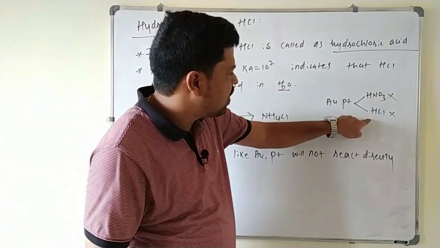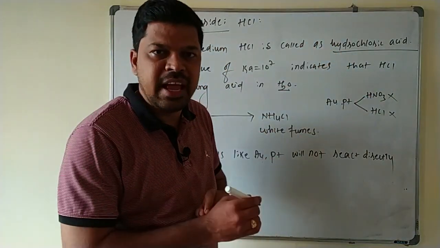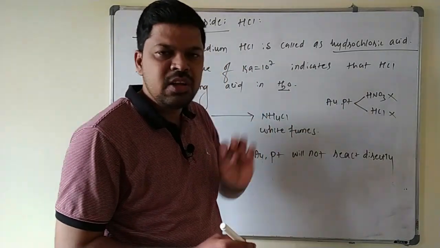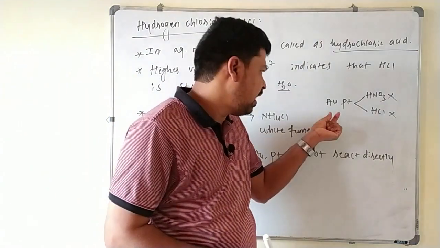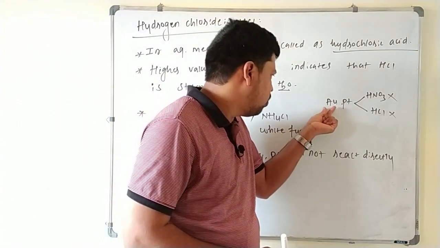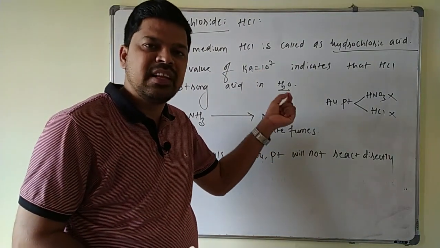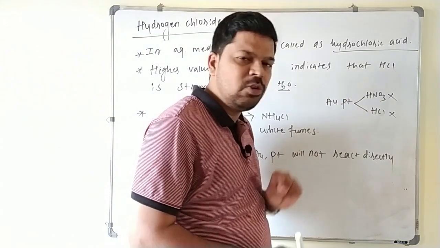If these two are mixed, HCl and HNO3, there is a formation of solution called aqua regia. In the aqua regia, this gold and platinum both are soluble. So that aqua regia is used to dissolve the noble metal like gold and platinum here, because that aqua regia forms nascent chlorine, and that nascent chlorine will act on these noble metals here.